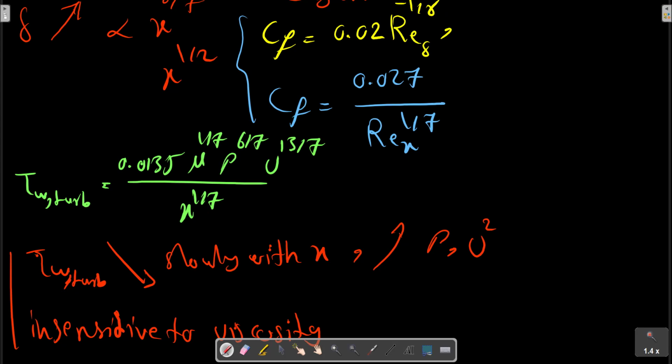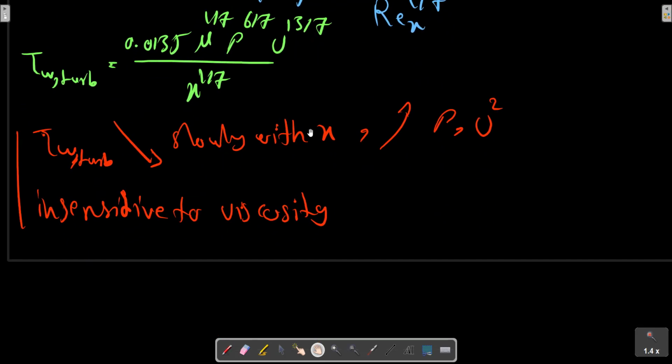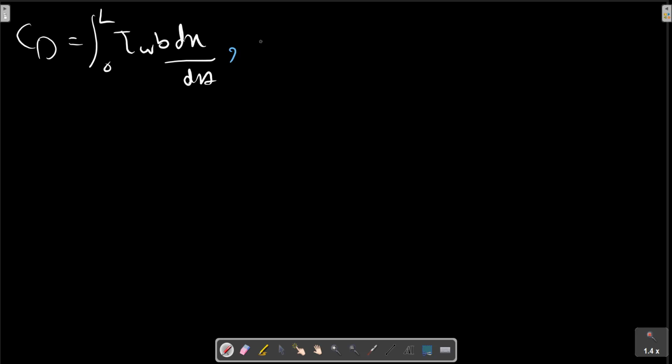We can evaluate the drag coefficient also for turbulent flow. With integration of this relation, we can obtain the drag coefficient, with integration of forces on the area, which is dA. So now we can calculate CD, which is drag coefficient.